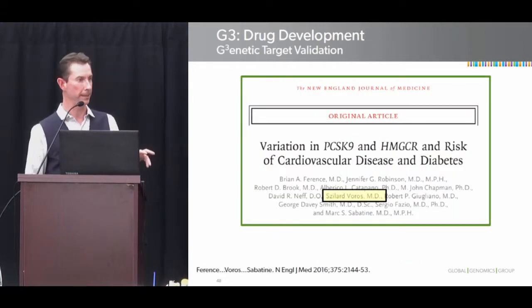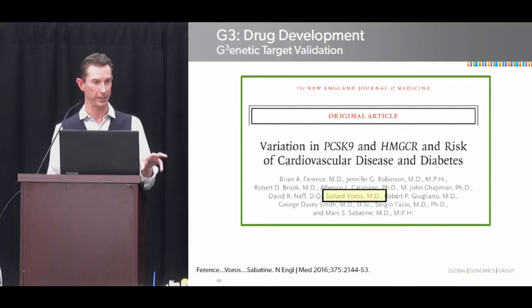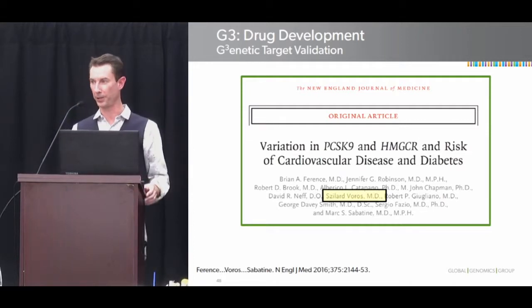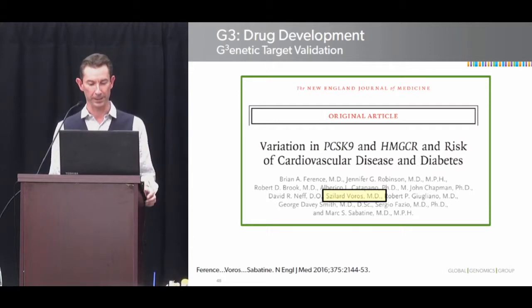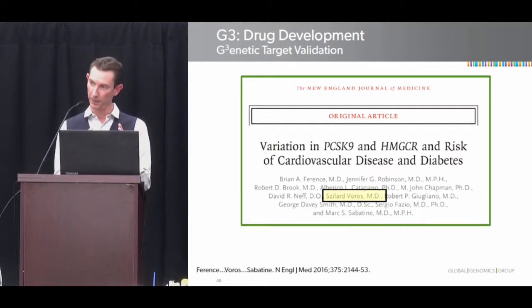We then, of course, take these approaches and apply them to the drug development process. I mentioned Mendelian randomization being an important tool for us, and we came up with some interesting improvements on the process, where we are now able to take two target genes simultaneously.